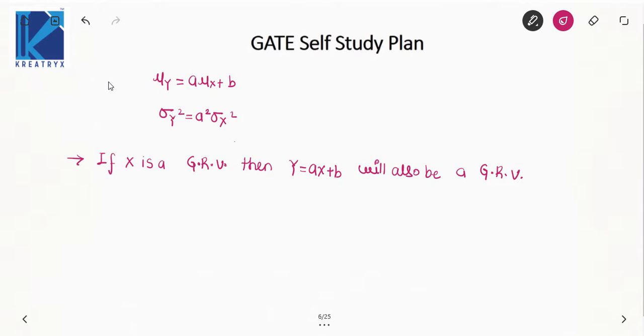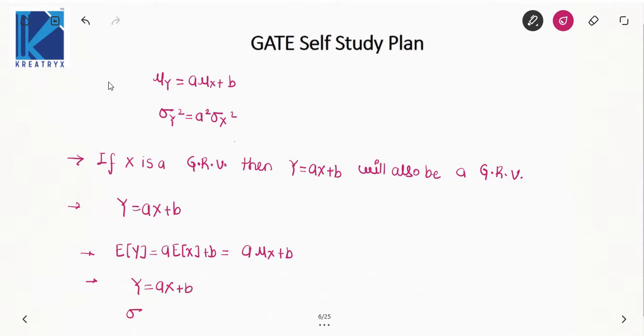Next point is, if y is equal to ax plus b, then the mean of y can be calculated simply by taking the expectation operator, and it will come out as a mu x plus b. Third point, if we have a relation y equal to ax plus b, then the variance of y will be equal to a square sigma x square. The constant term will not have any effect on the variance.